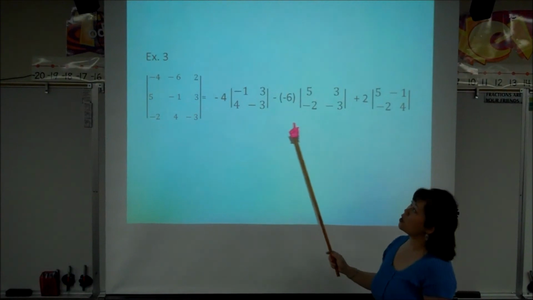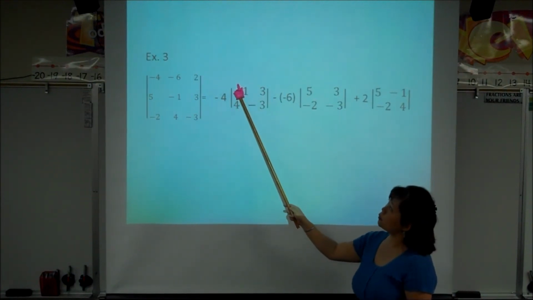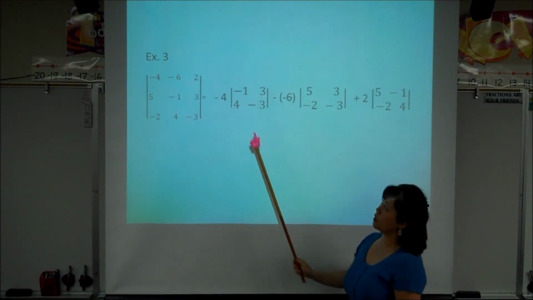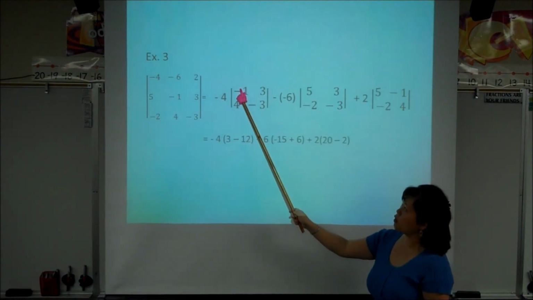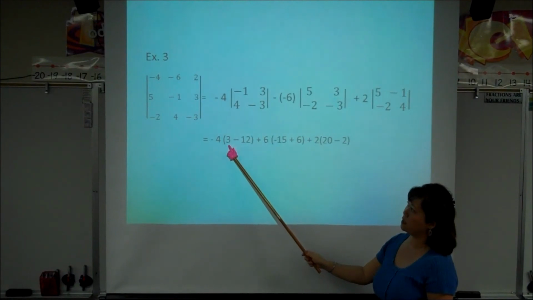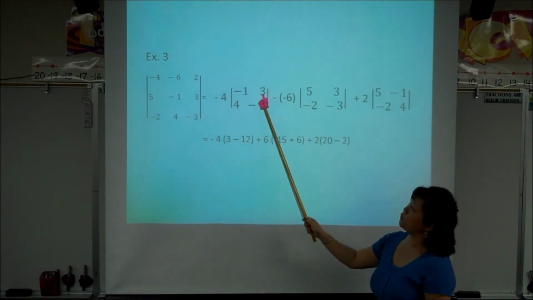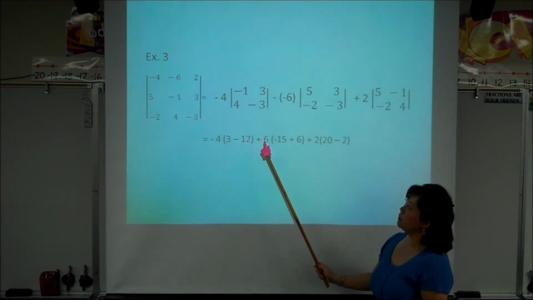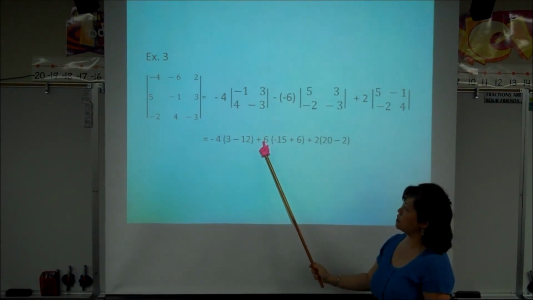So now the continuation is what we just did on the second order determinant. We still have to cross multiply and subtract it from the other side right there. So that's what we're doing. So we bring the -4 down, and we're going to go ahead and multiply across this direction. So -1 times -3 gives us +3, minus, because that's the operation, right? And we have this 4 times 3 right there, gives us the 12 right there. Okay? Plus now 6, because of this negative times negative, so that's +6 right there.